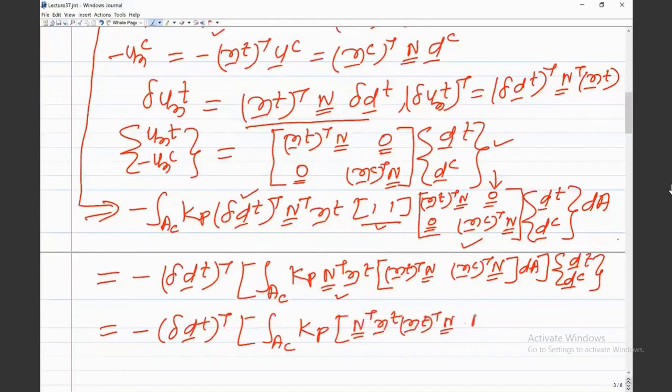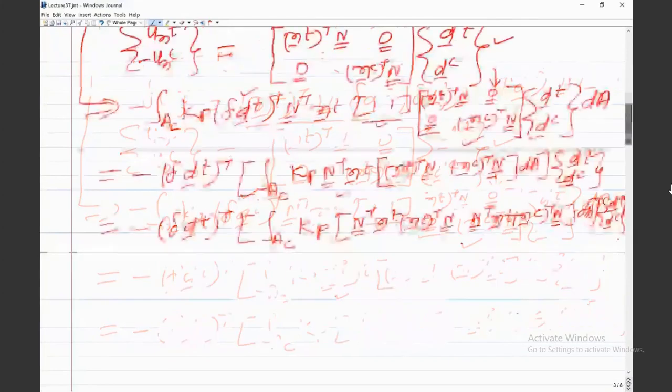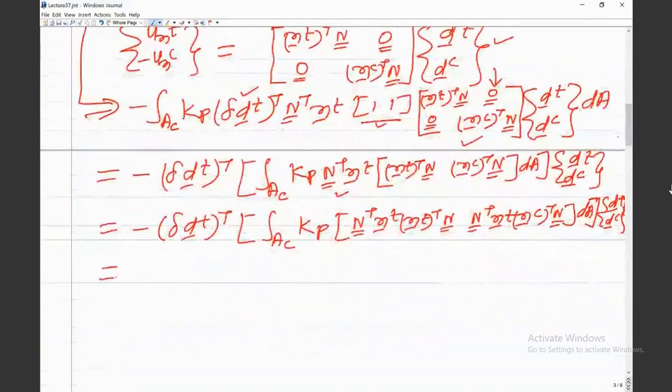The second term we will have this N transpose into NT, and then we will have this NC transpose into N dA, and then we have here of course this dt dc, that vector you have. And so what we can actually do is give names to these matrices.